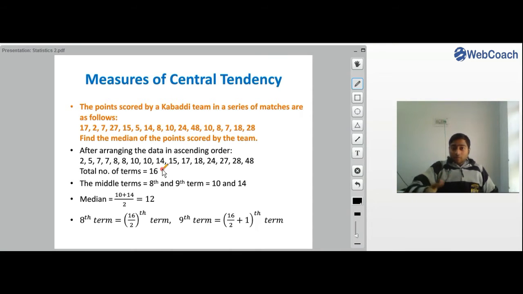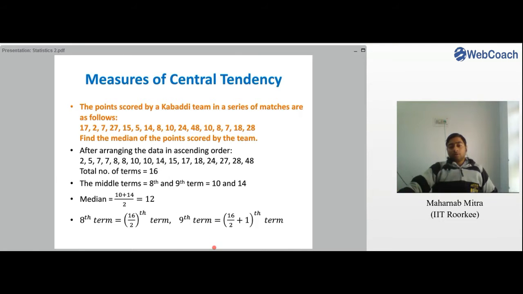The 5th term was the median, and 5 was not the median. 5 only specified the location of the number, and what was the number? It was 149. So 149 was the median of the data and not 5. 5 only gave us the location of the term.